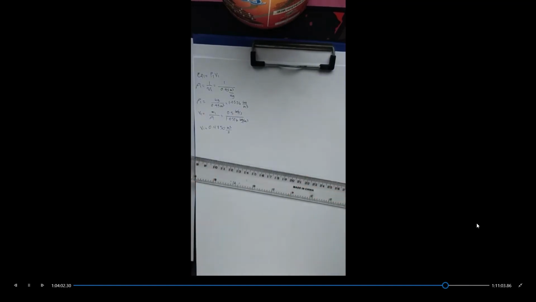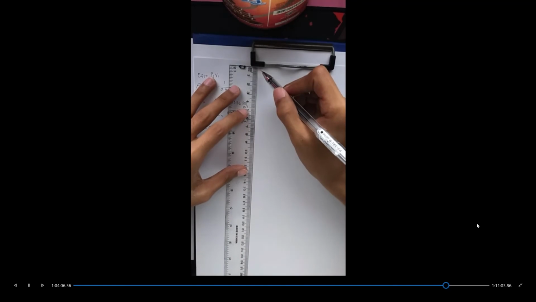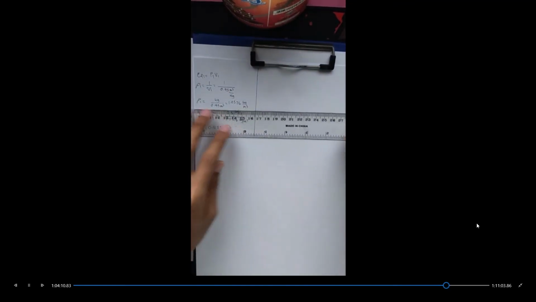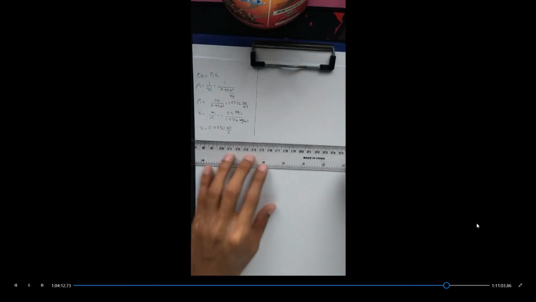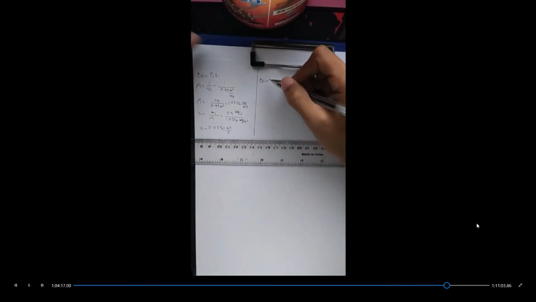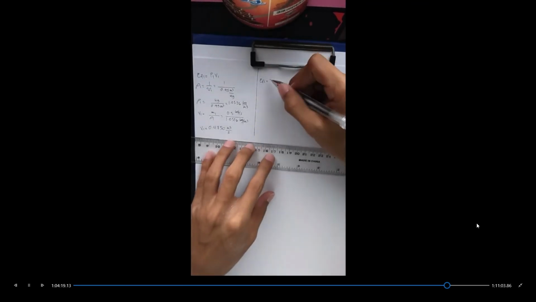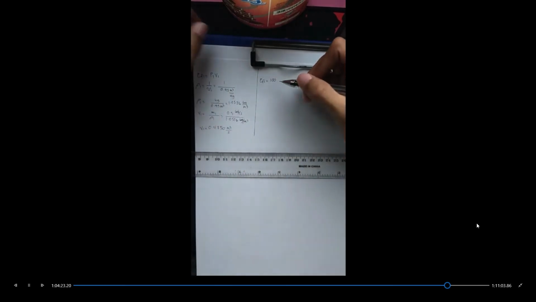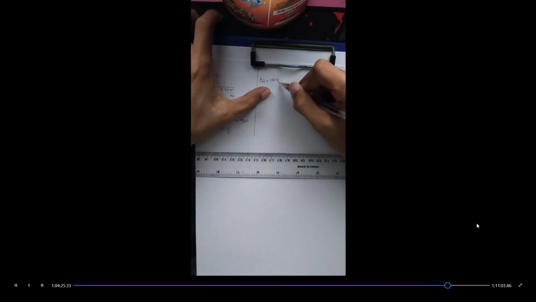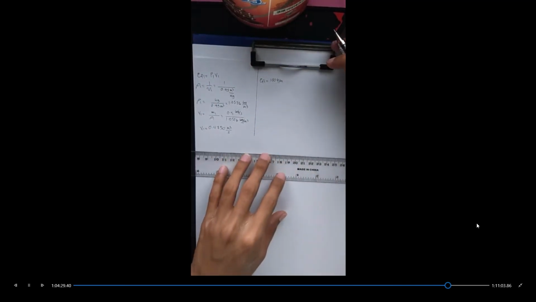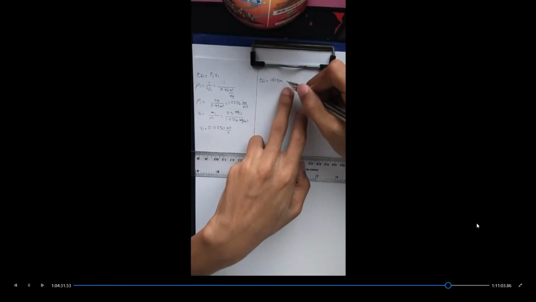Now we can solve for our flow work 1. I'm going to put it at this side in order to save space. Flow work 1 equals pressure 1, which is given as 100 kilopascal, times volume 1, which is 0.4750 meter cube per second. I'm going to show you how to break down that unit.